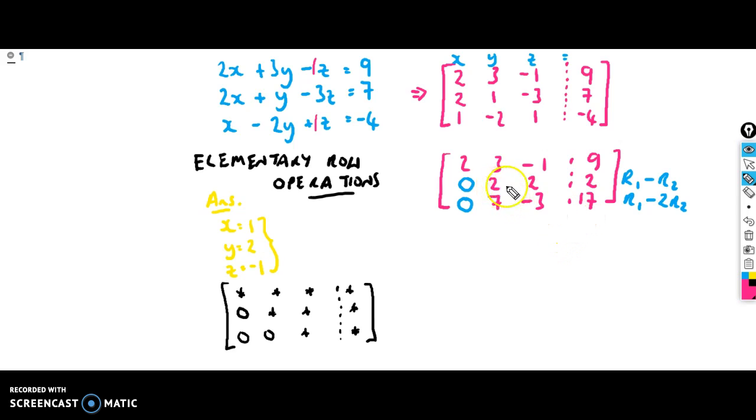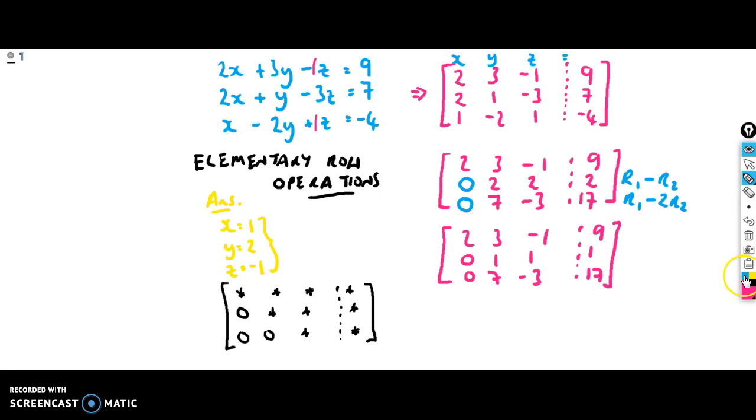Alright, what do we do now? Well, we could simplify this middle line, so we've got 2y plus 2z equals 2. So we could actually, if we wanted to, rewrite that line as 2, 3, minus 1, 9, 0, 1, 1, 1, and 0, 7, minus 3, 17.